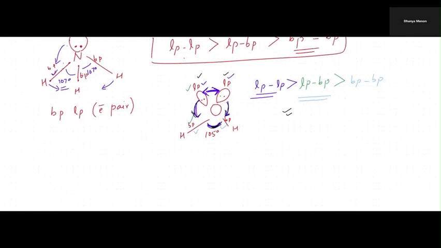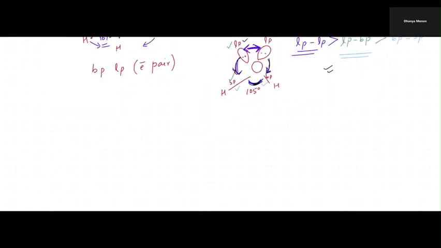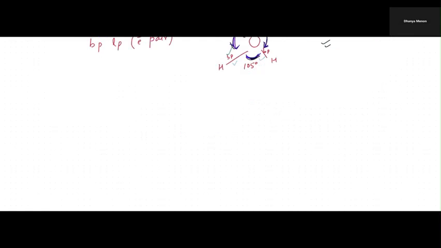Okay, now let's check out the VSEPR theory. Okay, so we already learned that the electron pairs always remain away from each other. They try to be away from each other.